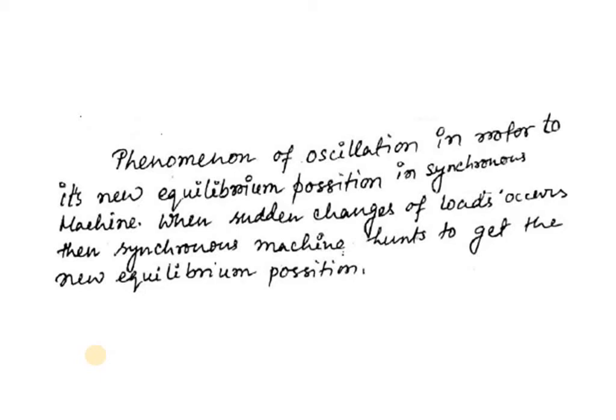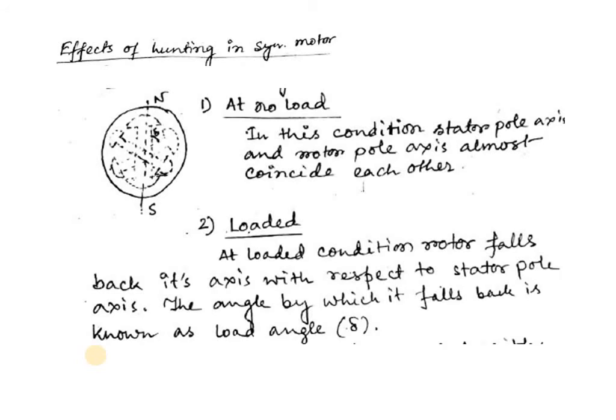So now we have found one reason, that is sudden change in load. Now we will find the other reasons, how it can be minimized, what the effects are, and what will happen if hunting occurs. Effects of hunting in synchronous motor.